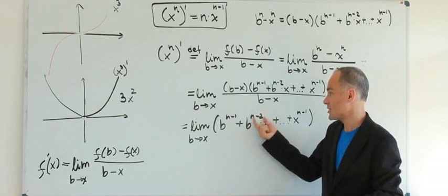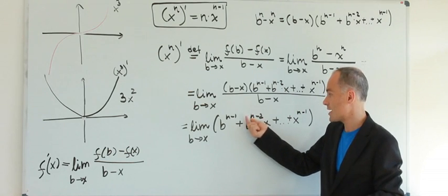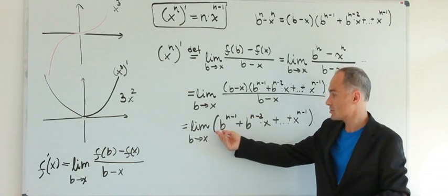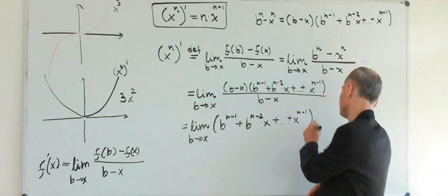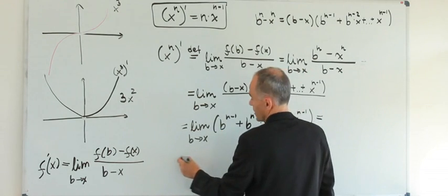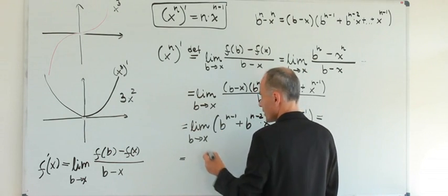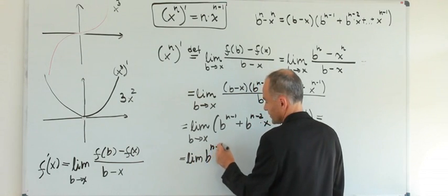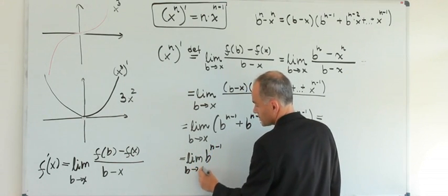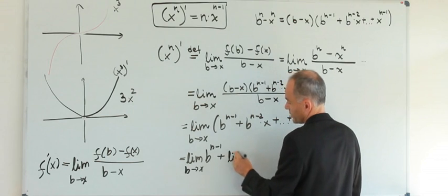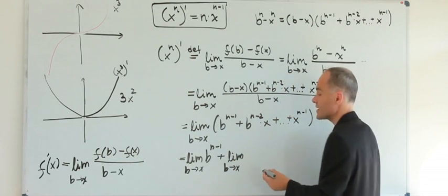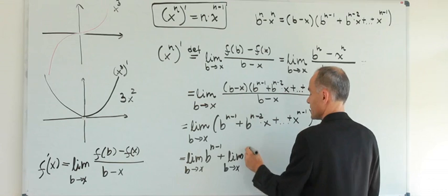The limit of the second term will be x to the power n minus 2 times x, and so forth. In other words, I'm allowed to replace b with x everywhere. But I'll do it step by step, just to make sure you understand how I'm applying the limit laws. At the moment, I am splitting the limit of the summation into the sum of limits.